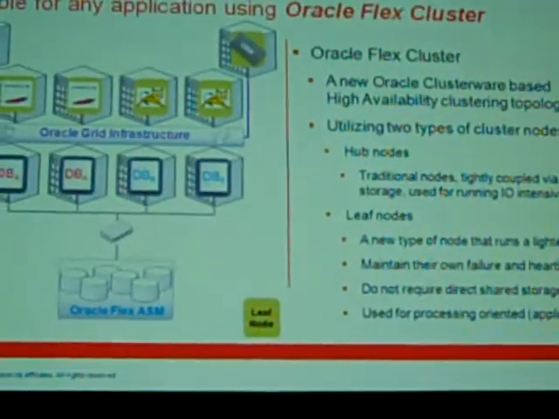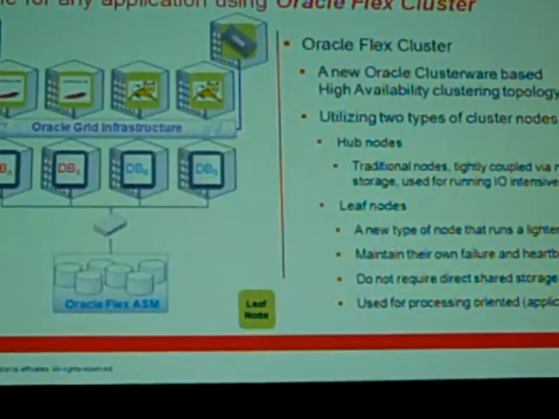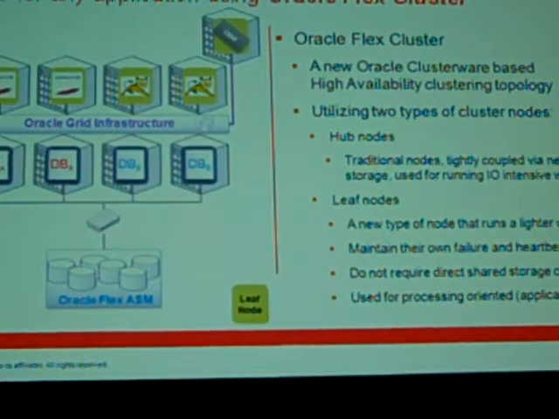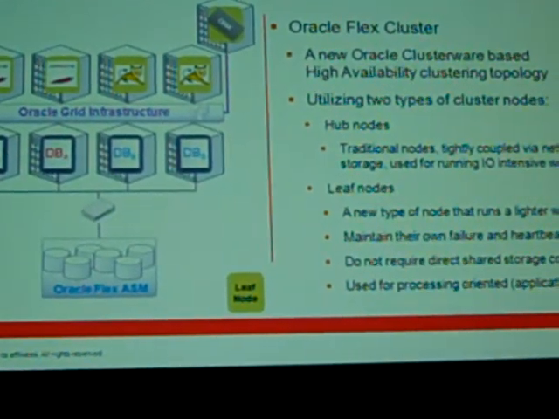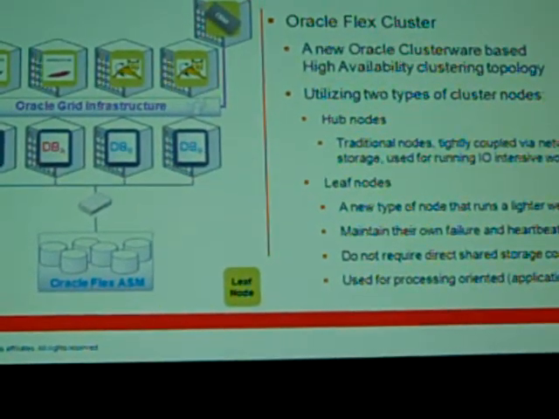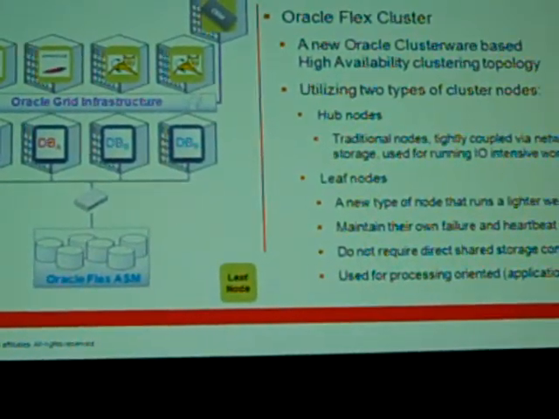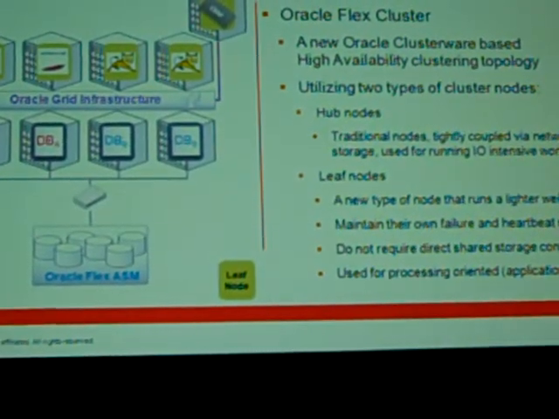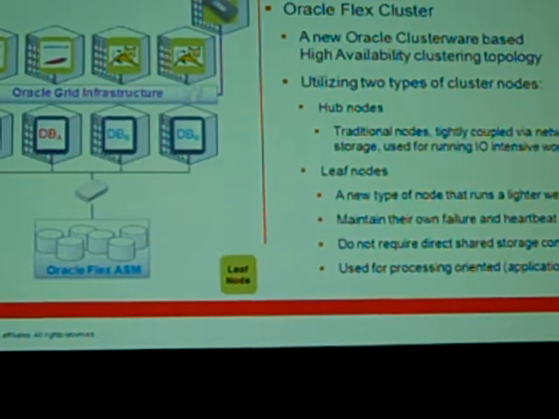In 12c, we're introducing Flex Cluster, which is, from our perspective, an innovative technology in terms of clustering, where we are providing a tightly coupled database tier integrated with a loosely coupled application tier.